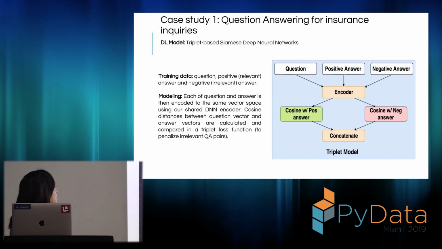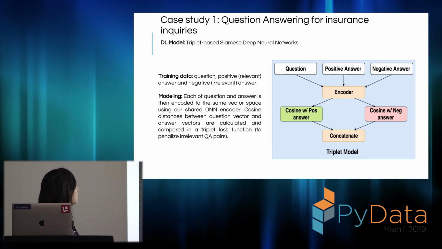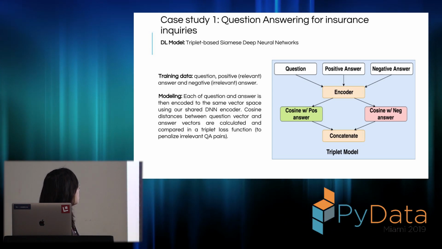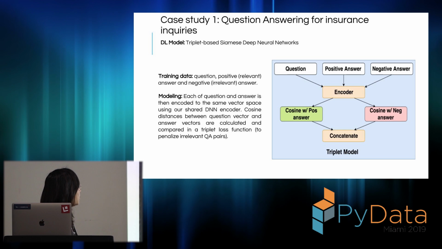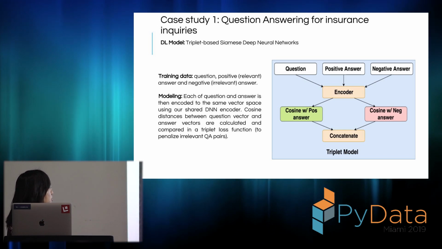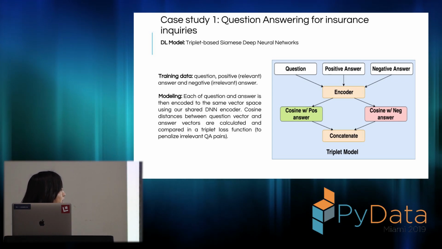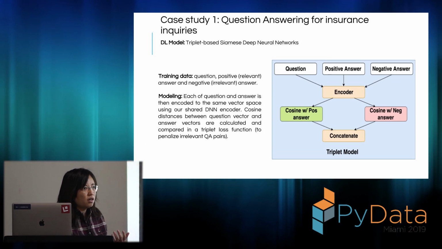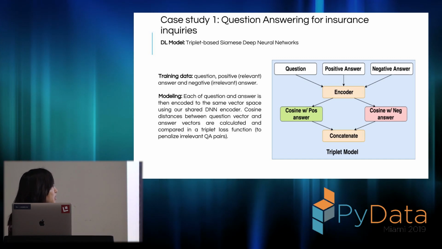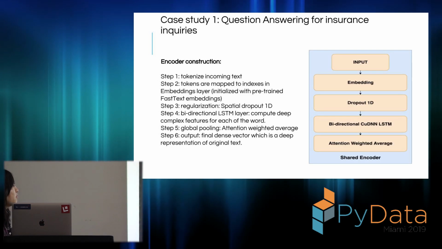And then at the modeling part, each question and answer is encoded into the same vector space using this encoder. Then we compute a cosine distance between the question vector and answer vectors, and then compare in the triplet loss function to penalize irrelevant QA pairs and make sure the question and the relevant answers are as close to each other as possible.